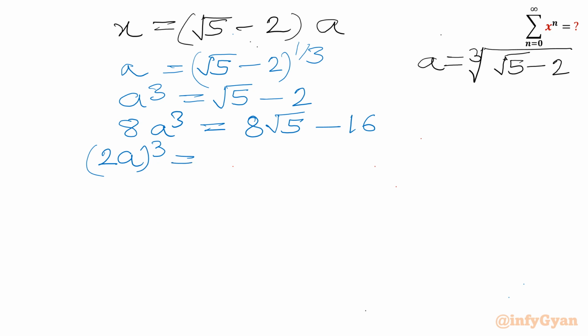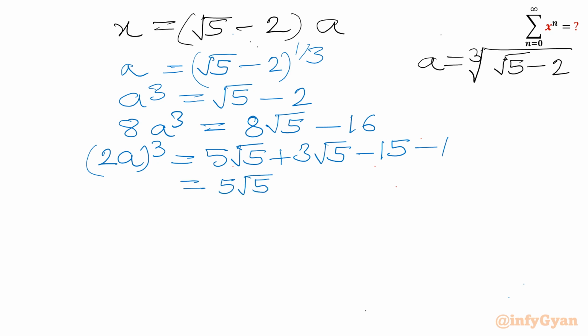Right hand side we will split 8 as 5 plus 3. So 5√5 + 3√5 − 15 − 1. Now I can write 5√5, then −1, then −15, then +3√5.